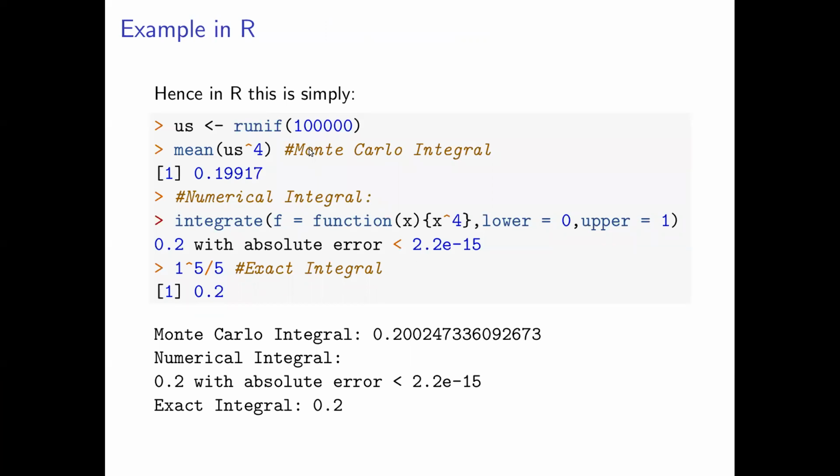The Monte Carlo integral for 100,000 simulations leads to a value of 0.19917.